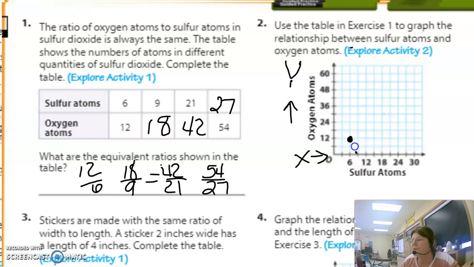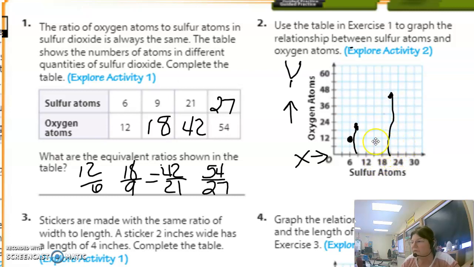And we're going up to 18 about here. Might be a little bit too high, but that's approximate, okay? So then our next one is 21 and 42. Well, here's 24, there's 20, so we'll go right here in the middle. And we've got to go up to 42. And we know that's 48, so right about there, okay?